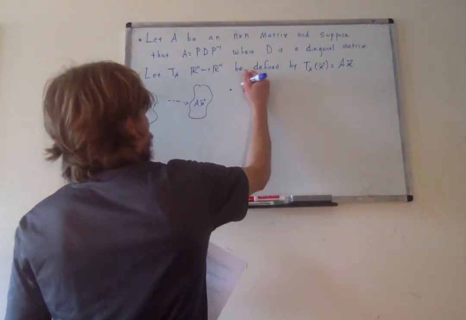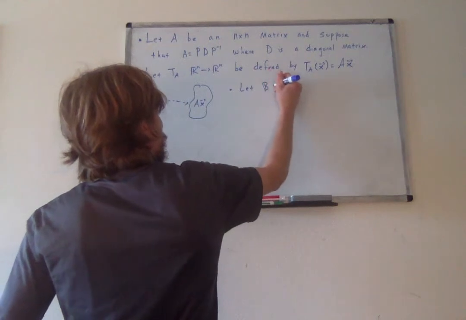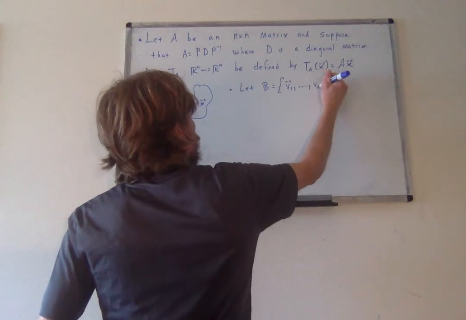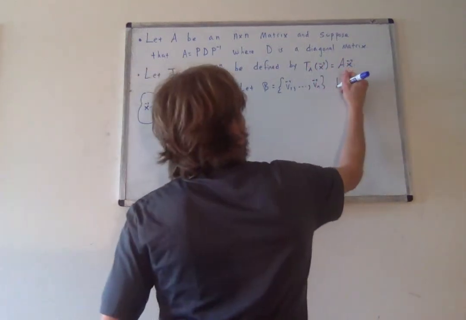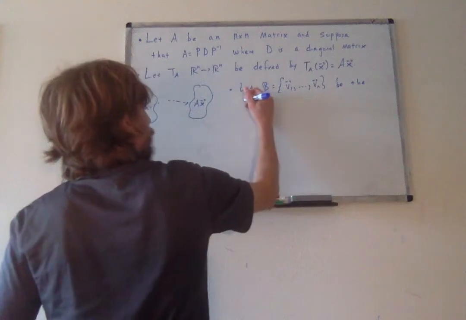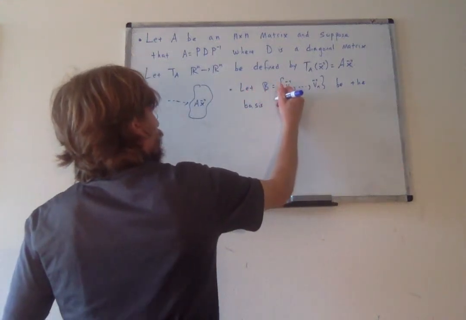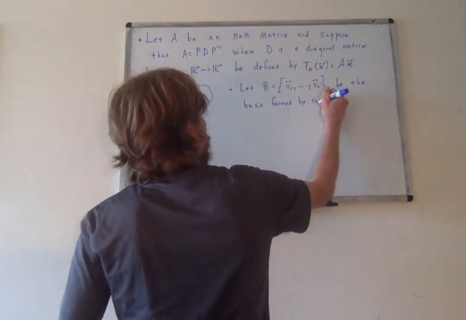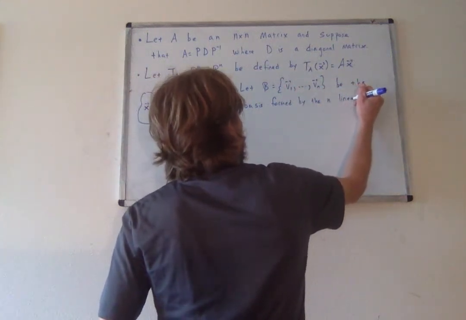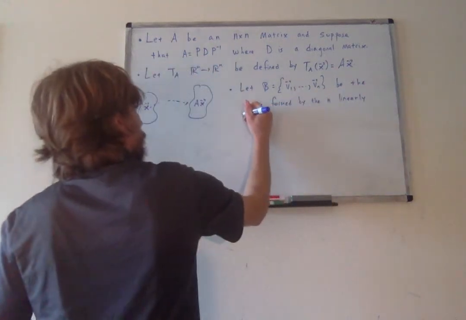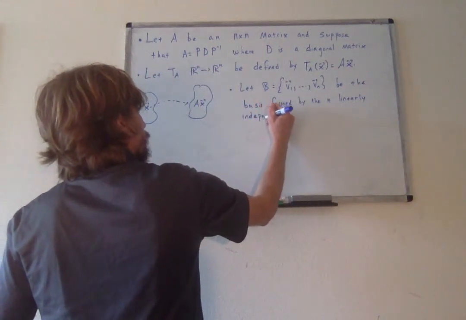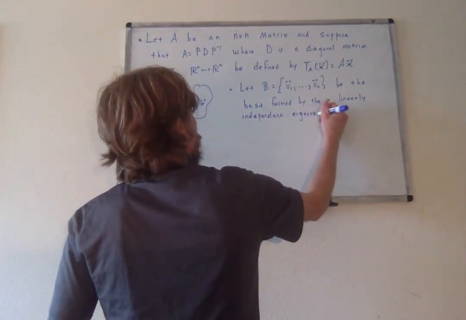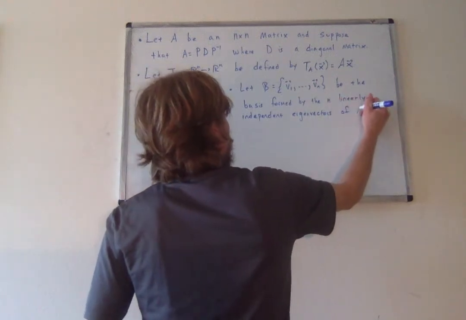So next thing I'm going to do is let B be the basis formed by the n linearly independent eigenvectors of A.